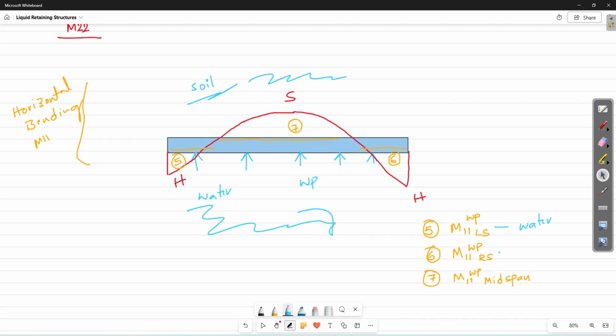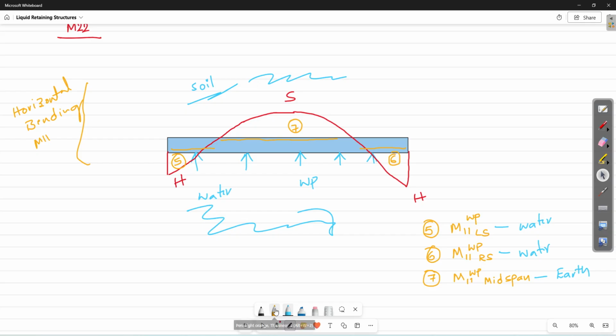Water phase. Next, again this location number 6, reinforcement 6, it is provided on water phase. Similarly reinforcement number 7, it is provided on earth. So you just record this.